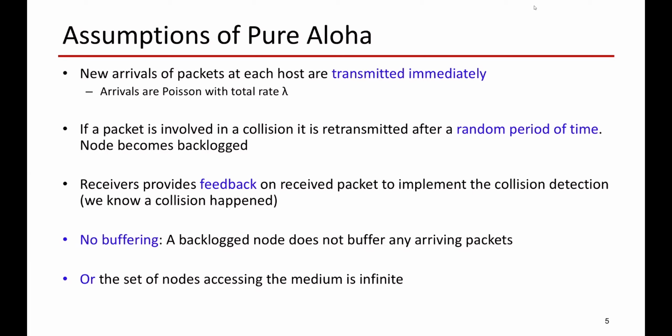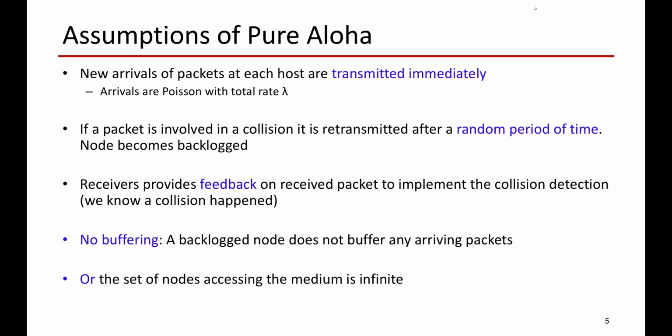Those become backlog, meaning after I try to say something, if it failed, I have to retransmit, right? But I'm not just speaking again right after my failure, I'm waiting for some time, then I speak. That is very helpful. I'm going to show you why. That concept is backlog. I'm backlogged and speak again, okay?